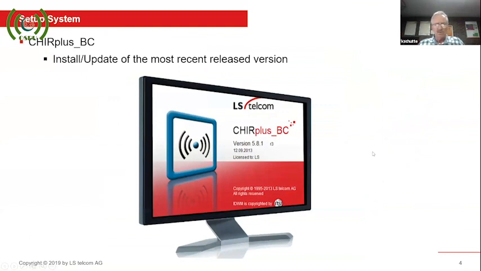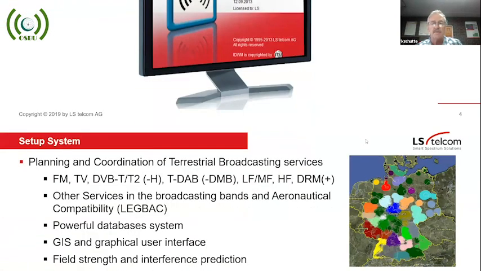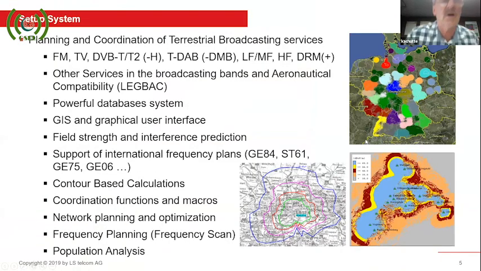Okay, so we will just use the CHIRplus BC program now as a typical example for planning and what's required. If one looks at planning of a specific service, obviously, if we are looking at T2 or T1, you will have to make sure that your planning software has that specific module in order to do such planning.